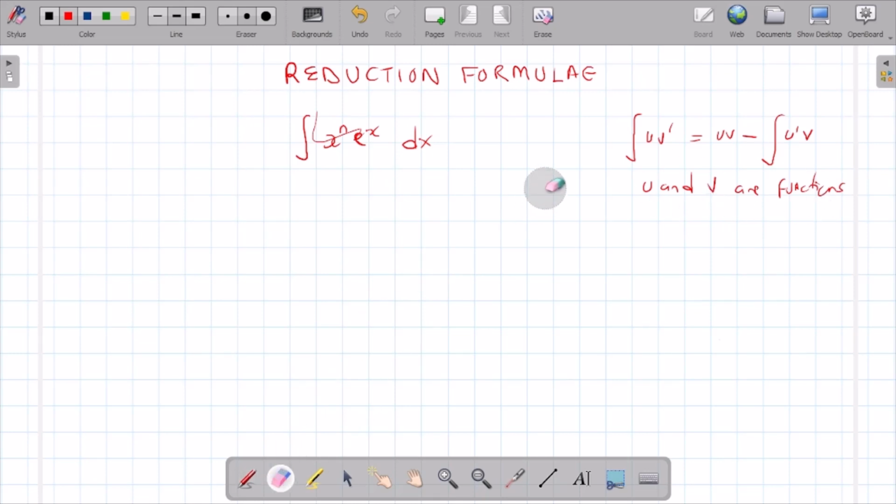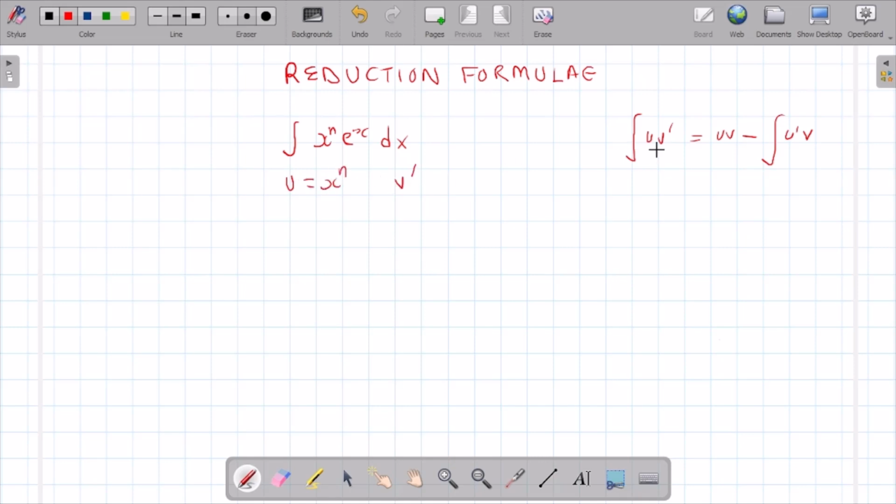Great. So let's solve this problem. We have to choose what is going to be our u and what is going to be our v prime. So let me write it again: the integral of x to the power of n e to the power of x dx. We let u be equal to x to the power of n, and we let v prime be equal to e to the power of x dx.